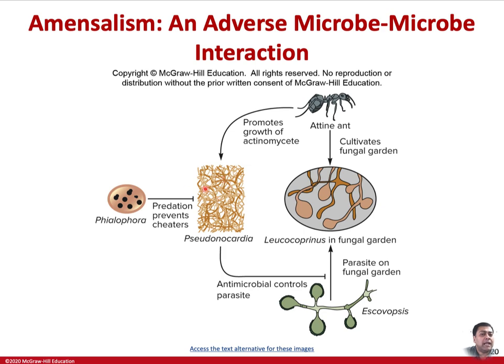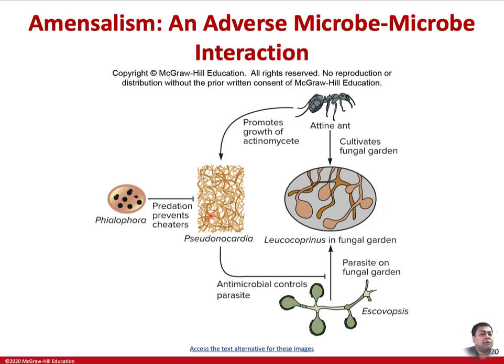Think about that in this complex of Pseudonocardia, you have a mixed population. Some of these bacteria are producing the antimicrobial agents. Some of the bacteria are just not producing the antimicrobial agents. It is just the choice of the bacteria, conserving energy versus producing that.